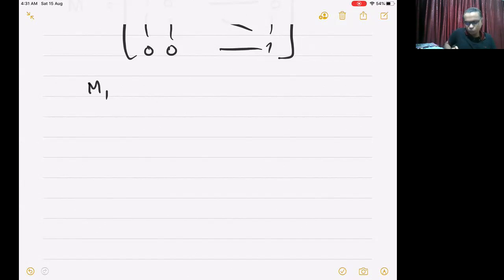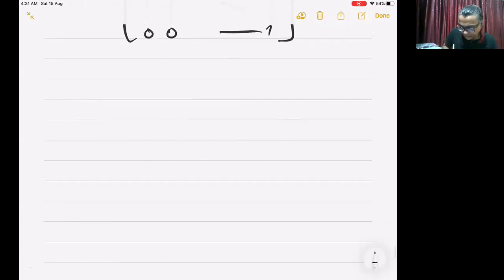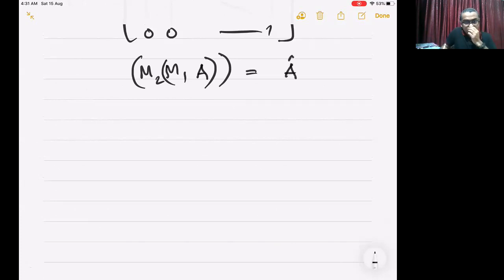So suppose I have an elementary row operation matrix M1 and an elementary row operation matrix M2. First I do M1A, this row operation, and then on that I do M2. Together, suppose they obtain A hat. Is this also equivalent? Well, of course.